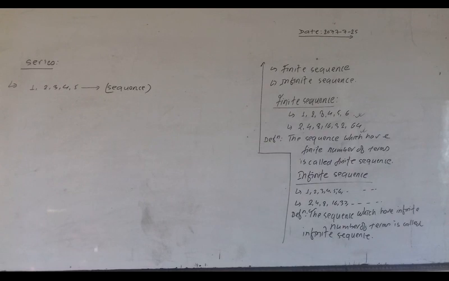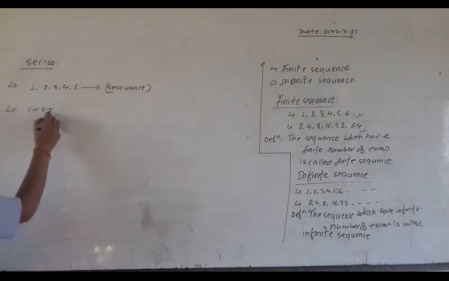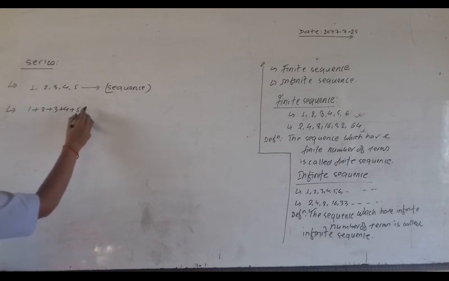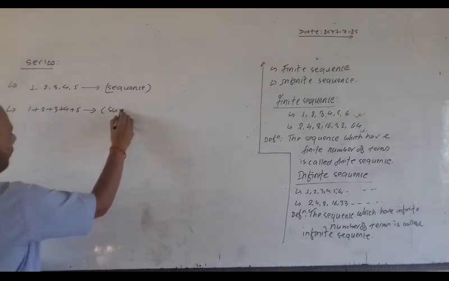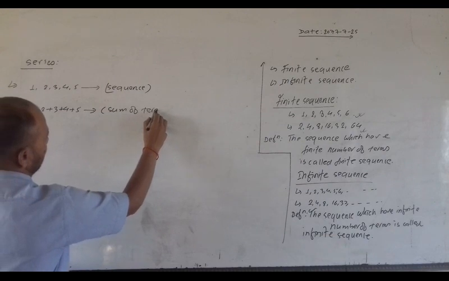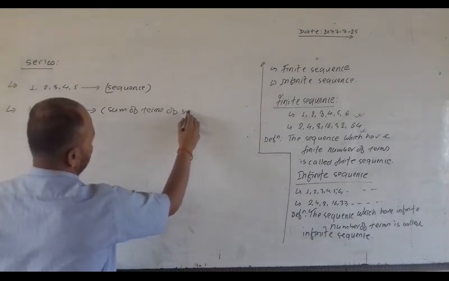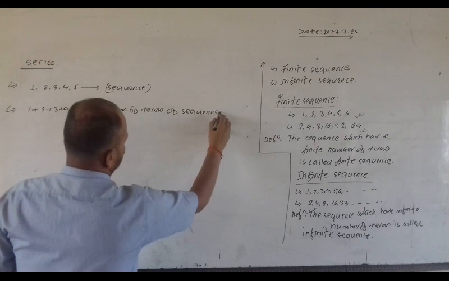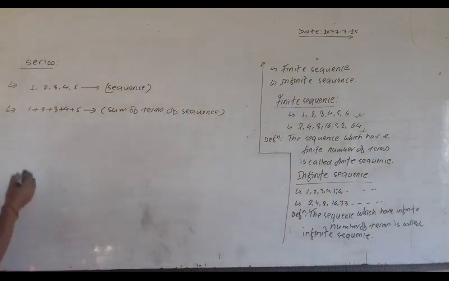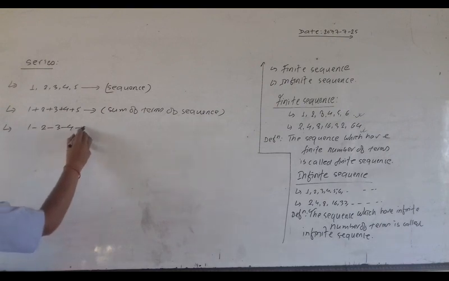Now I am going to find here 1 plus 2 plus 3 plus 4 plus 5. Sum of terms of the sequence. Same way, here 1 minus 2 minus 3 minus 4 minus 5.